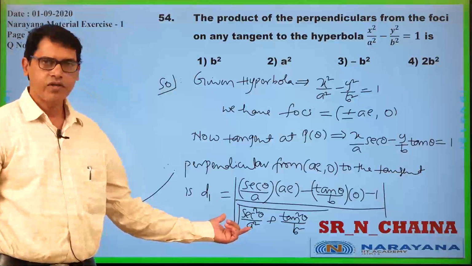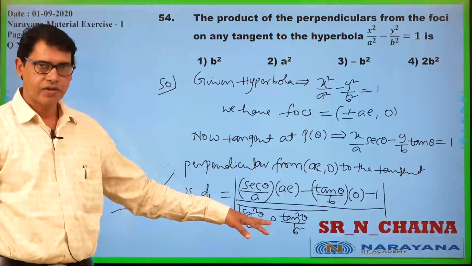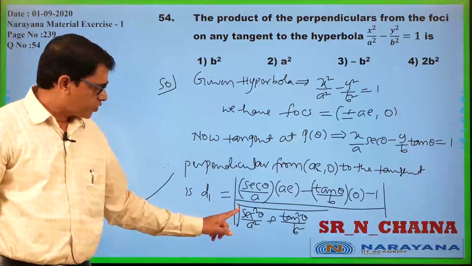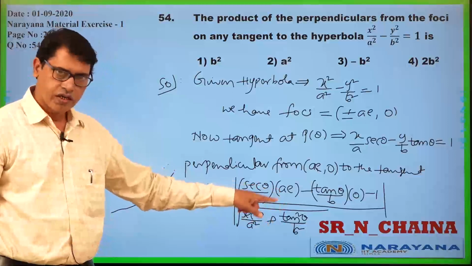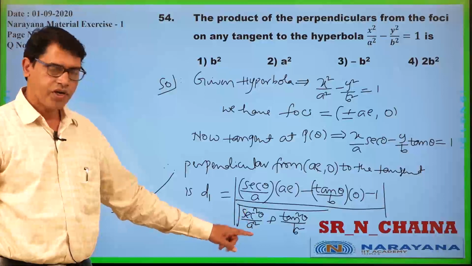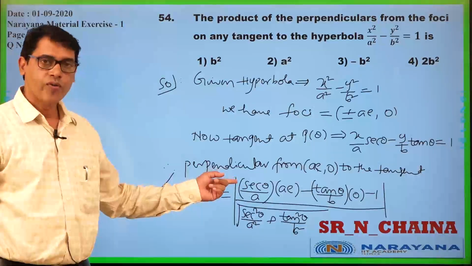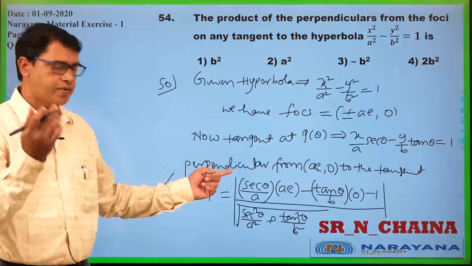So what is the LCM? A square b square is the LCM. So we get b square secant square theta plus a square tan square theta by a square b square. So this a square root is there, ab. So ab goes to the numerator. So what will be the next step?